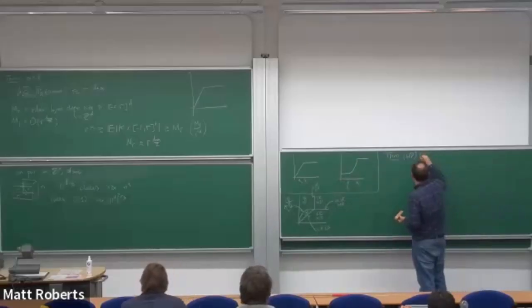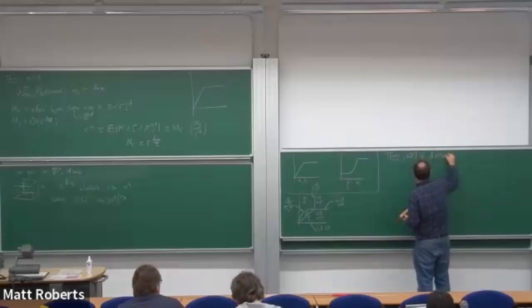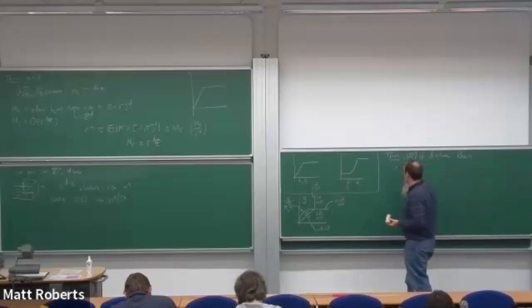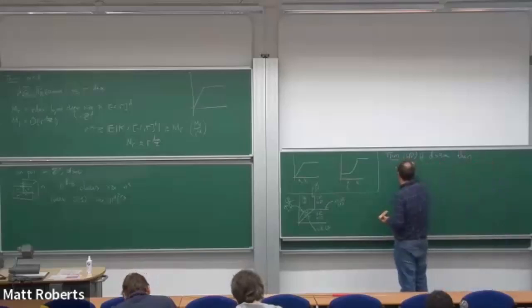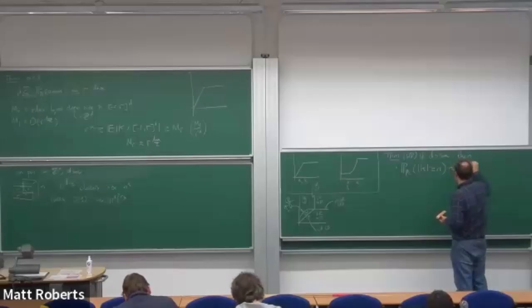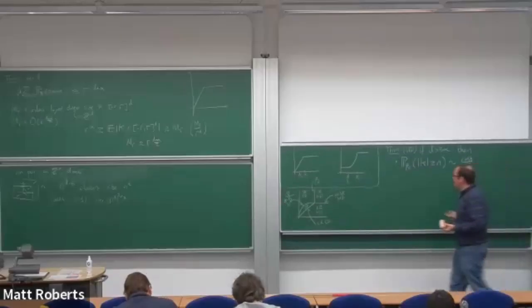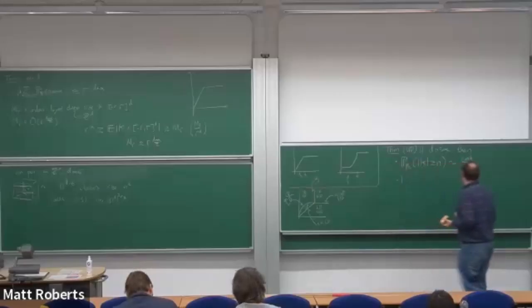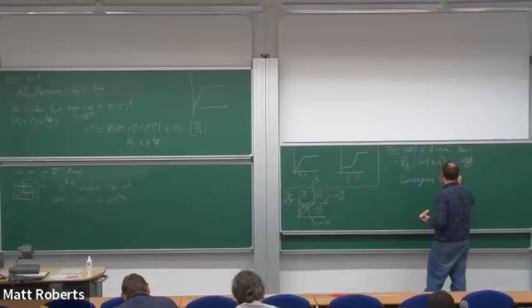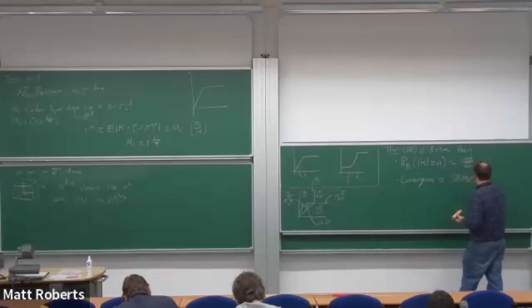And so the theorem is if d is larger than 3 alpha, then first of all, we get the mean field behavior of the volume tail, even as a first order asymptotic statement, and we also get convergence to either super Brownian motion or super Levy.